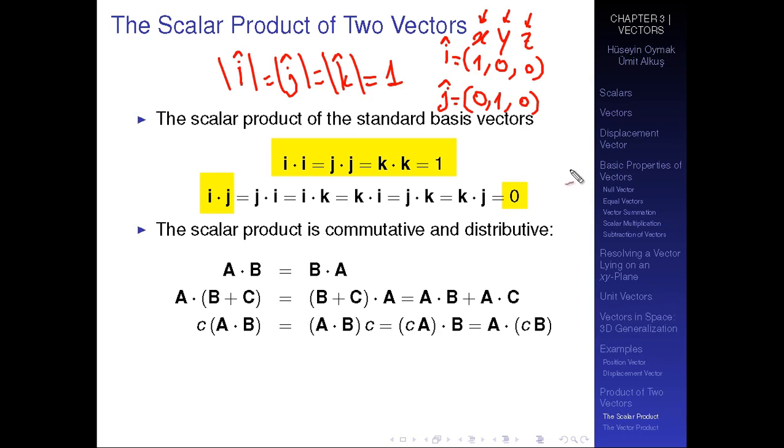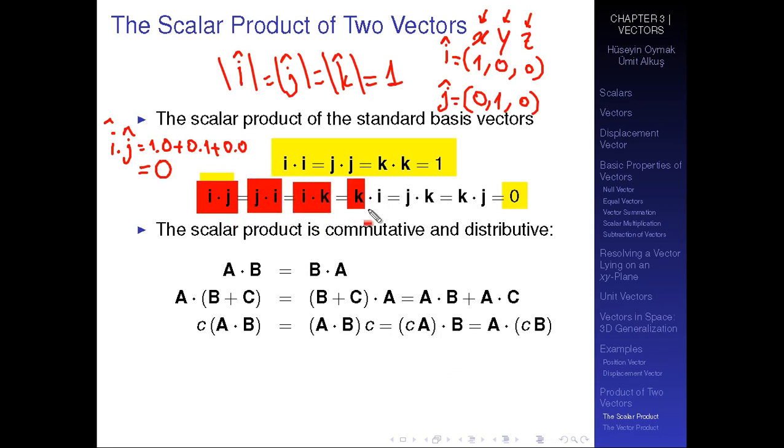As a result, their scalar product is obtained as 1 times 0 plus 0 times 1 plus 0 times 0. That is 0. In conclusion, we can write that i dot j, j dot i, i dot k, k dot i, j dot k, and also k dot j equal 0.